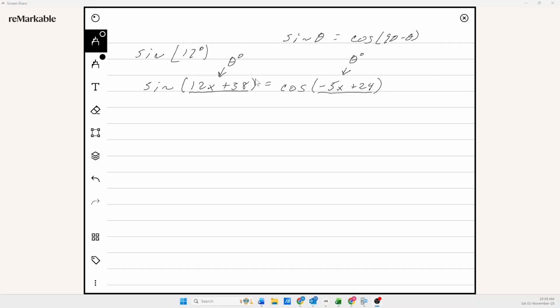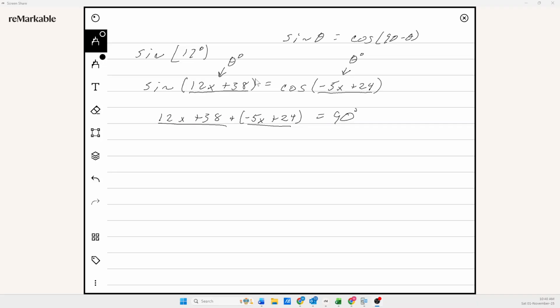So whatever theta is, this has to be 90 minus it. So if I add those two, 12x plus 38 plus negative 5x plus 24, those two things have to be 90, because 90 degrees minus this has to equal this.